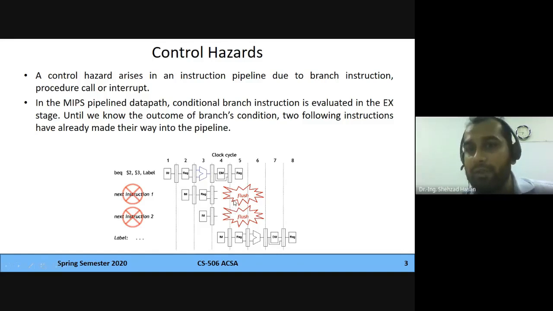Currently we have two cycles of stalls, and this is because we are determining the branch target address and the branch condition both in the third cycle. Had we performed the branch target address computation and the condition evaluation in the second cycle, then only one instruction would have been in the pipeline.